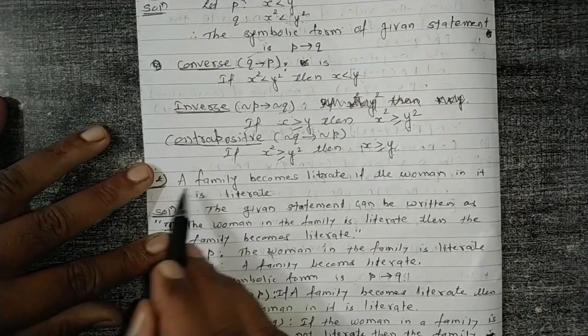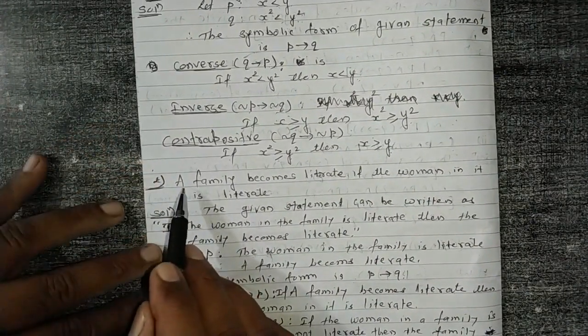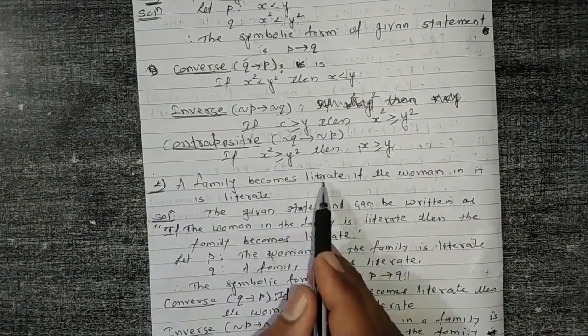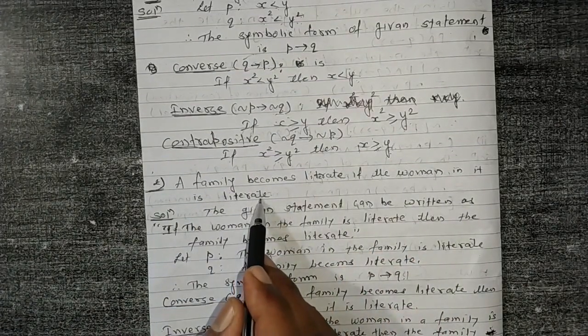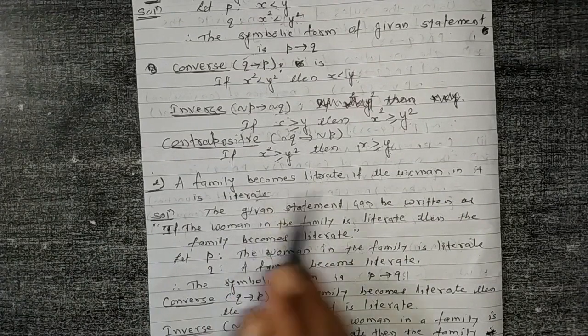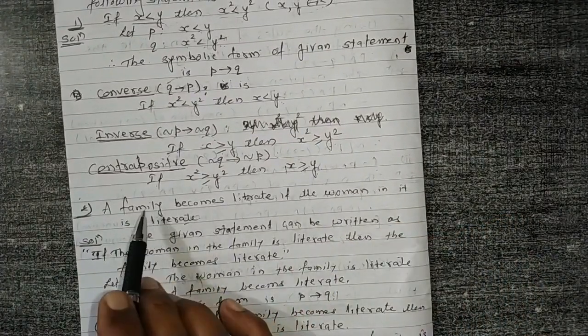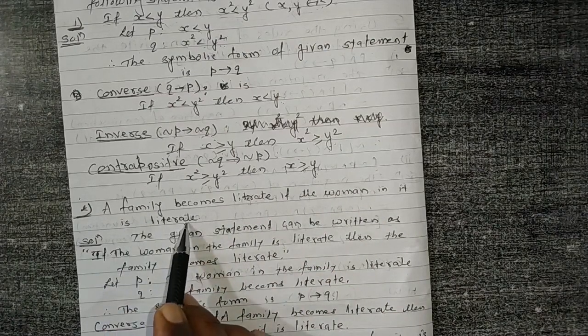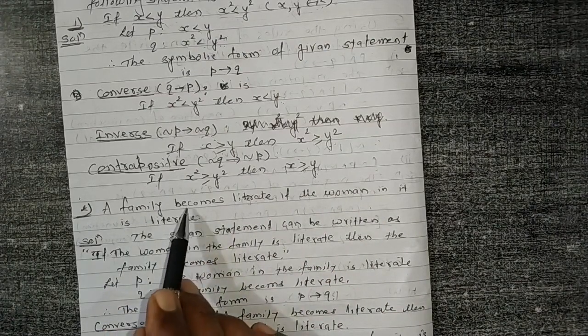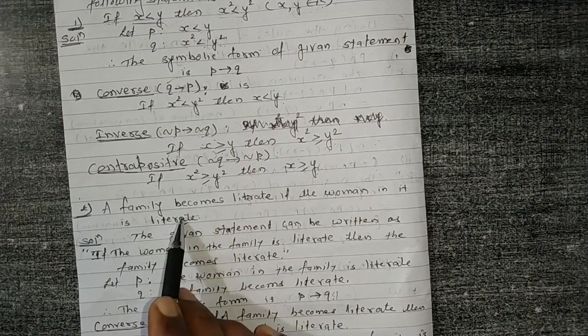Now similarly the second example: a family becomes literate if the woman in it is literate. The given statement is a conditional statement.